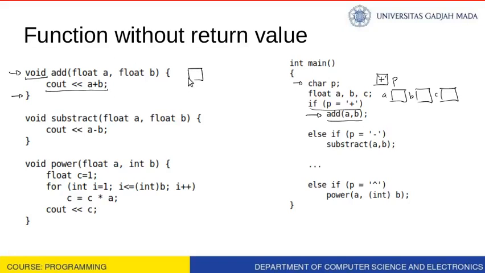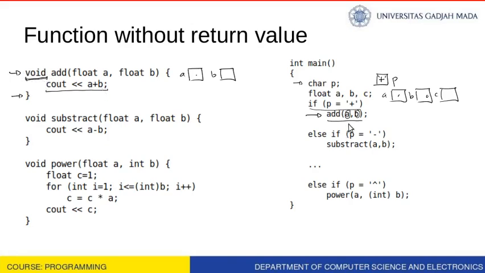In here, we only have a and b, and this value will be the same as a and b in the main program, this one and this one. So that's the difference between the function with return value and without return value. You should remember that when the function doesn't have return value, then it will be void for the data type.